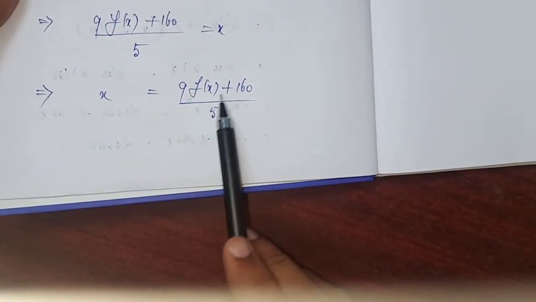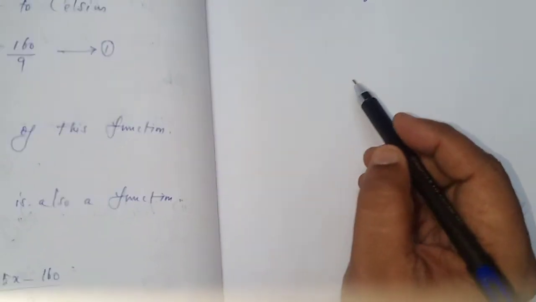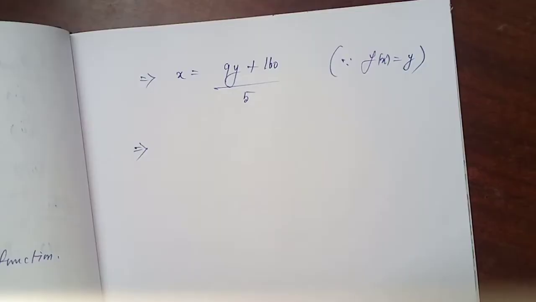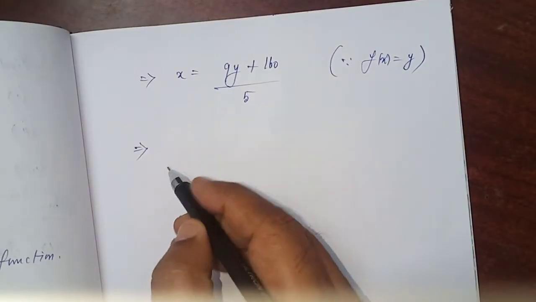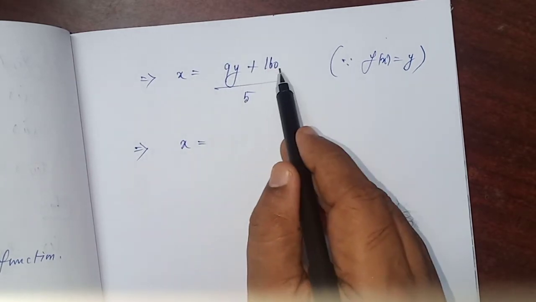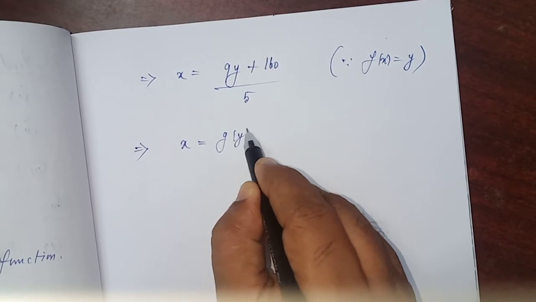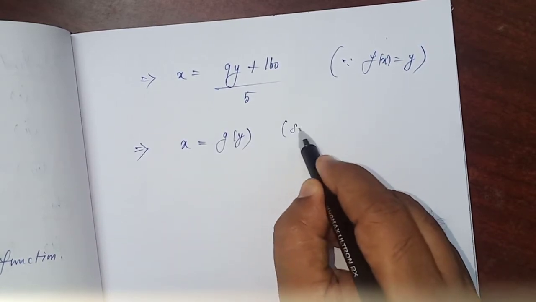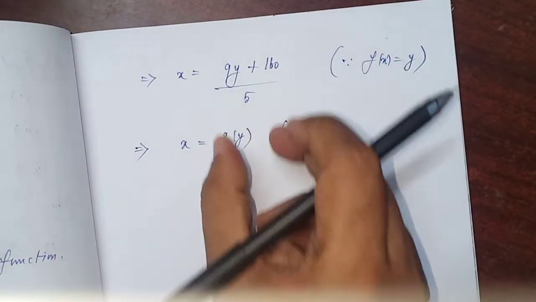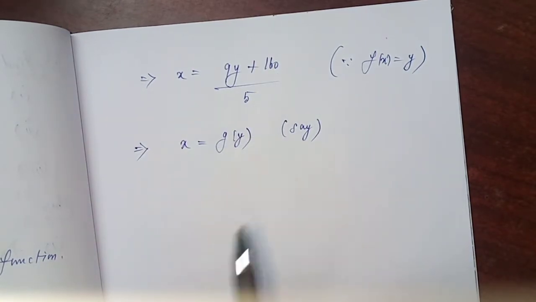This f of x can be replaced by y, so 9y plus 160 whole divided by 5 is x. Look at that, x in terms of y: 9y plus 160 divided by 5, which we can consider as g of y. That means we are assuming 9y plus 160 divided by 5 as g of y.